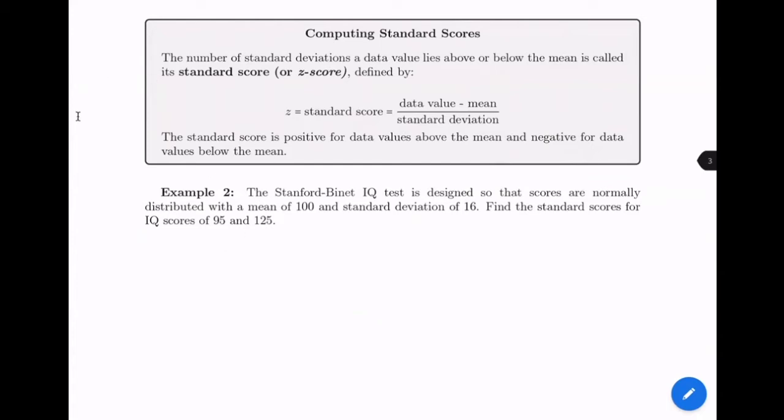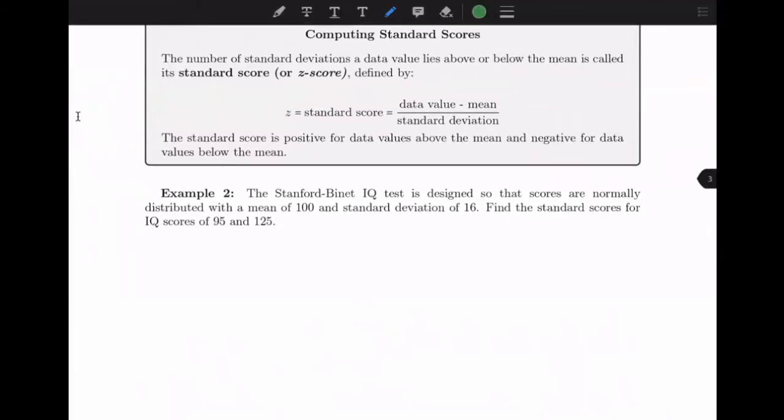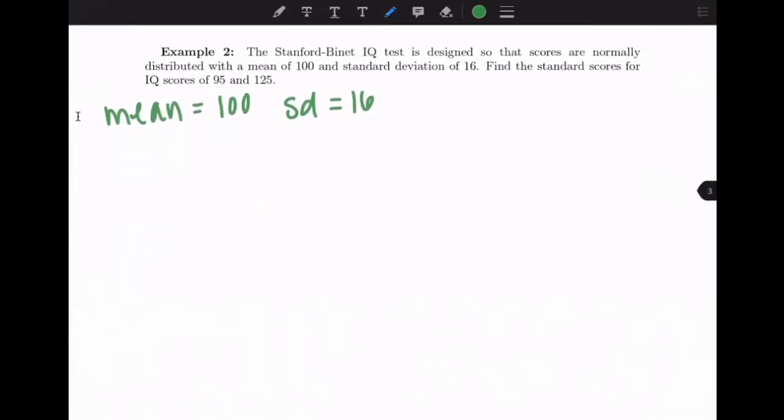First, we know that the mean is 100 and the standard deviation is 16. For the first part, our data value is going to be 95.